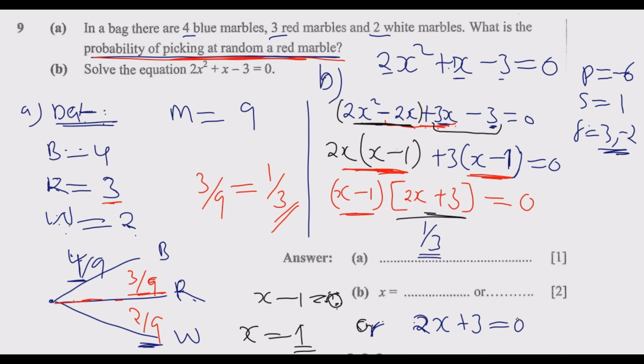When simplified, this becomes 2x equals negative 3, because when the positive 3 crosses the equal sign, it becomes negative. Then you divide by 2, so x is equal to negative 3 over 2. So we have x equals 1 or x equals negative 3 over 2. Once you do that, you are good to go and you get these 2 marks.